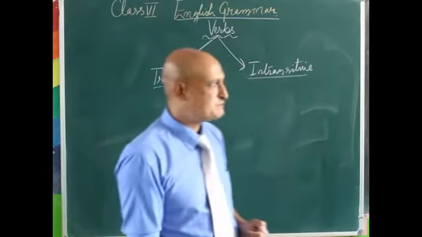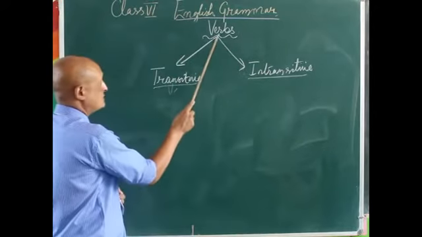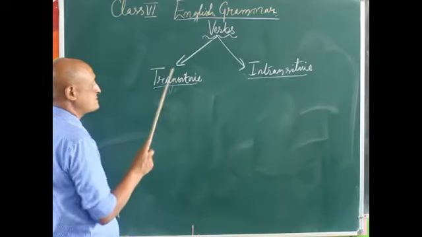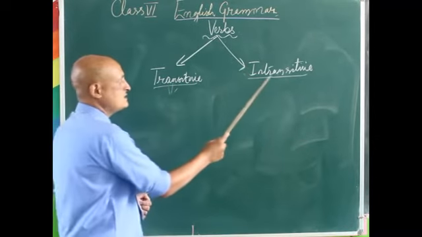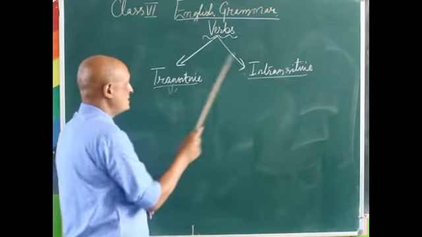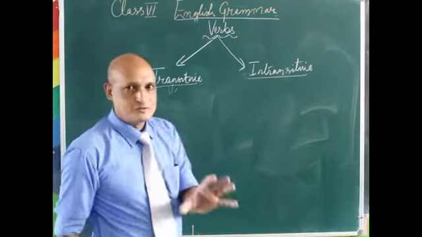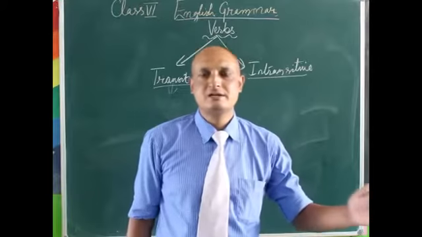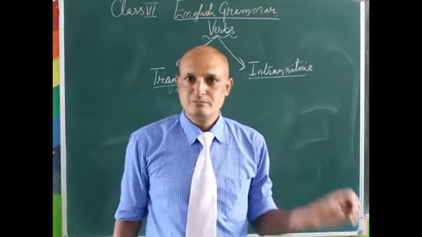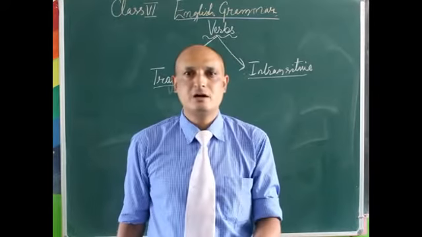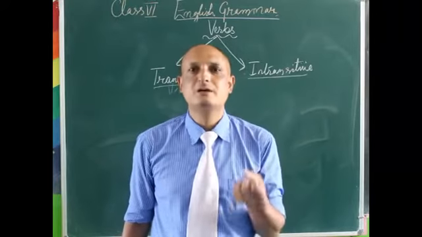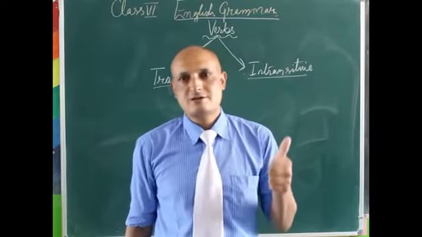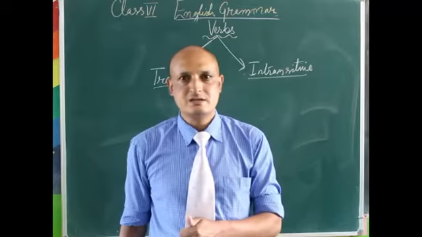Then we went to the next part: verbs are of two types, transitive and intransitive. Transitive verbs are those verbs which need an object to complete the sentence or complete the meaning. So how do you find out whether a verb in a particular sentence is transitive or intransitive?